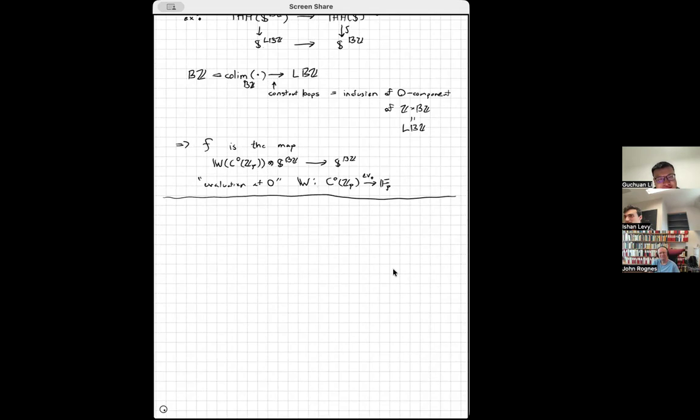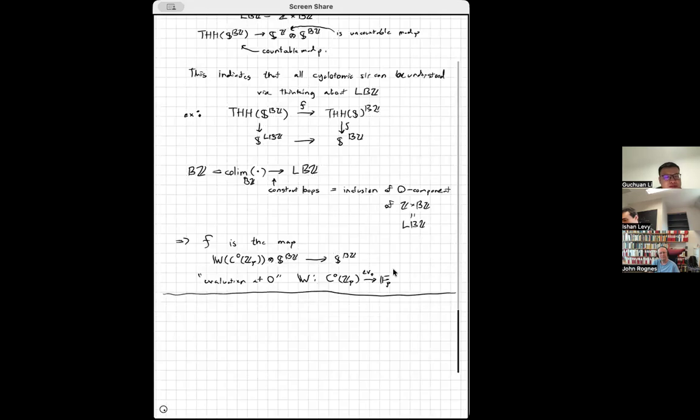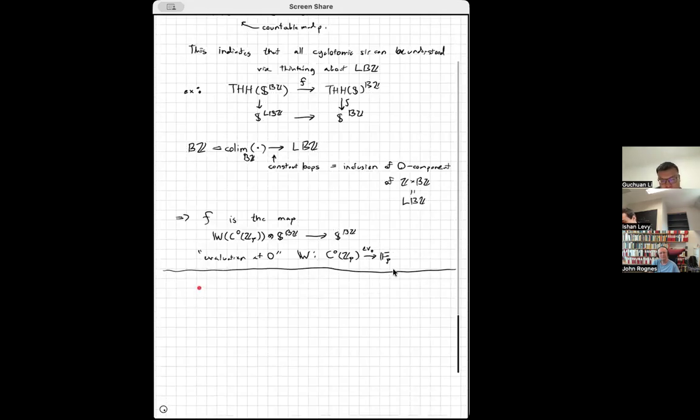So I want to make a remark about this ring. Let's consider what a module over this ring looks like.